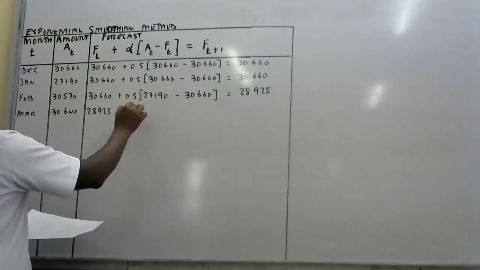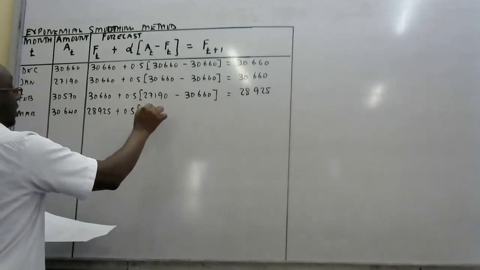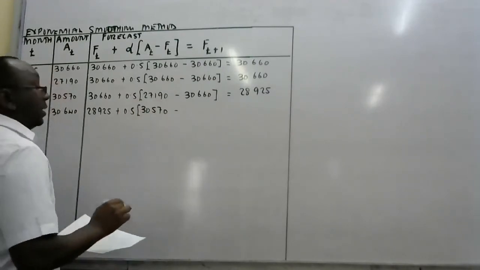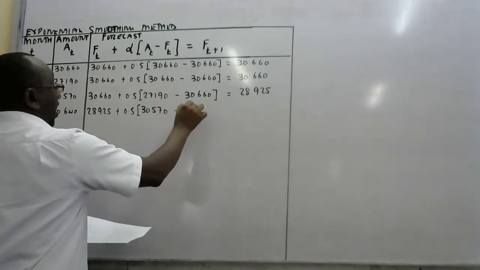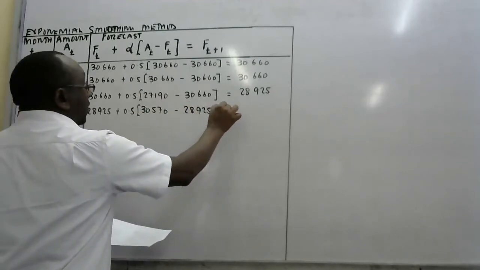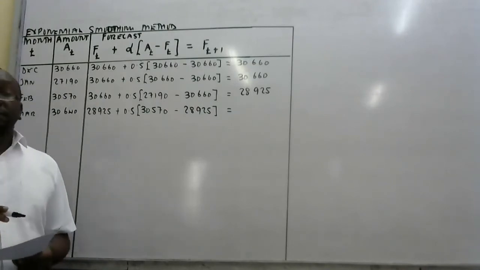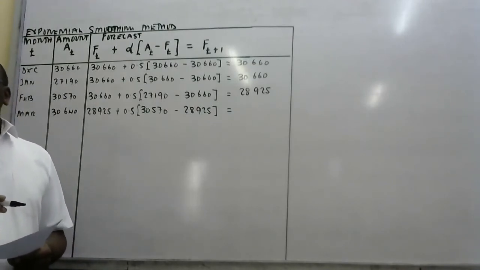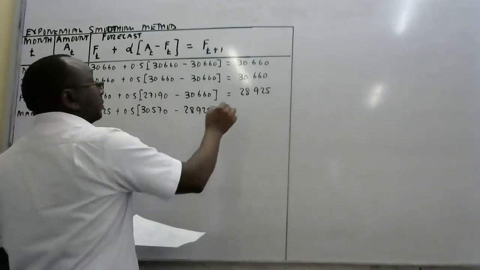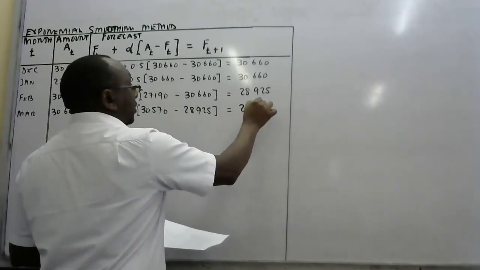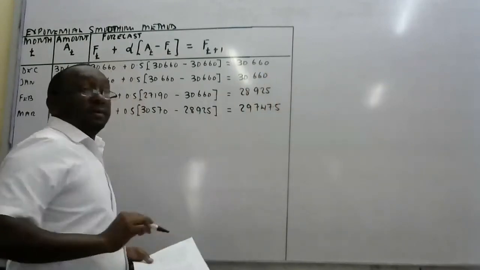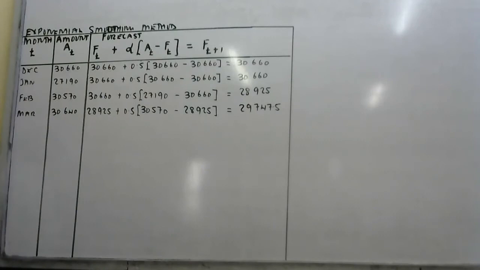The actual for the last period is 3570 minus 28,925. That gives 29,747.5. Confirmed?